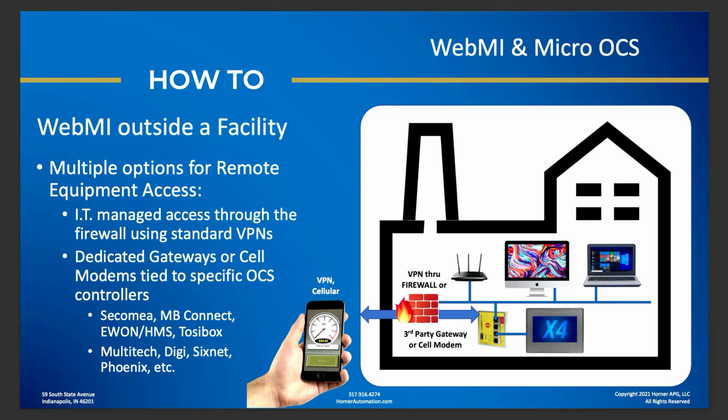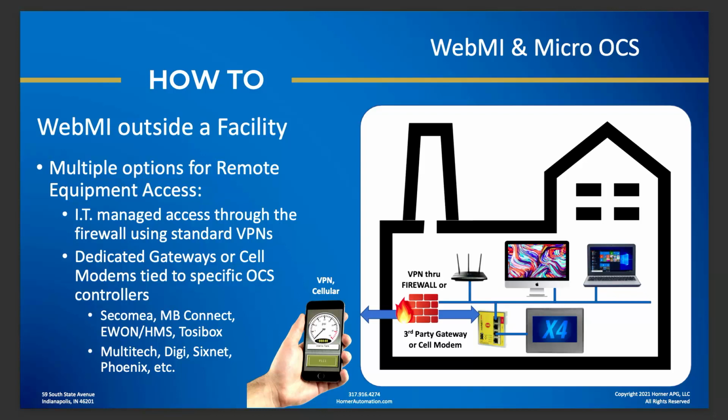And if they want to use WebMI and the VPN is in place, then they can use that VPN as a reliable, secure means of that authorized personnel to access their micro OCS or other OCS controller over WebMI. And if they've logged into that VPN, then again, the only extra thing they need is the username and password for that piece of equipment that was created in WebMI itself. So that's one approach. Just use a VPN that may already be in place.